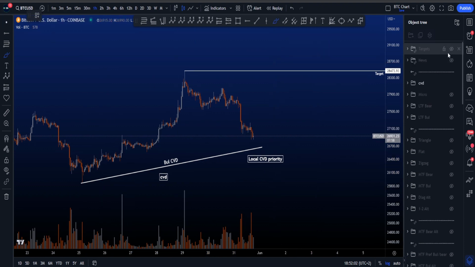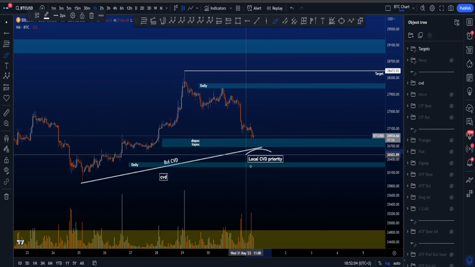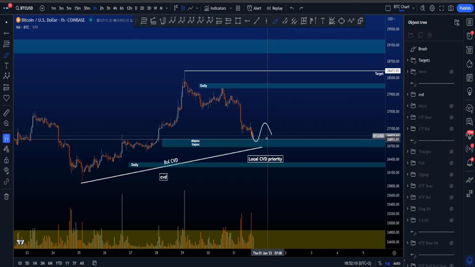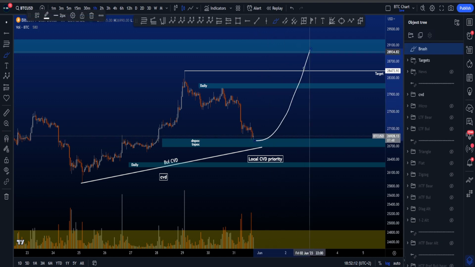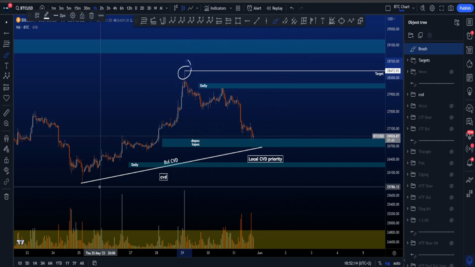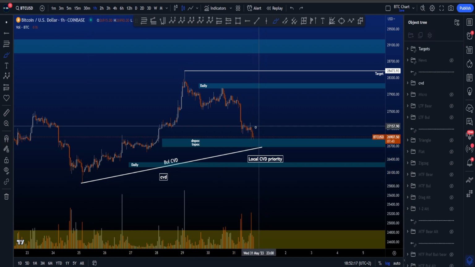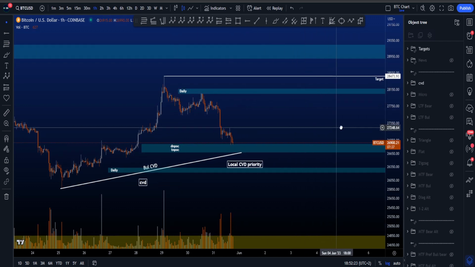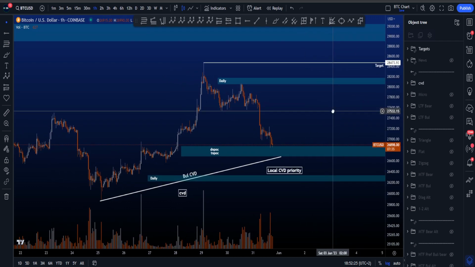Preferably, one would like to see maybe some local CVDs as well, that if you get a bit of a bounce, move to the upside, then a retracement, maybe some bullish divergences over here would give even more confidence for then a potential move to the upside, where the target of this divergence over here is 28.5k. So this could play in the hands of a potential expanding flat scenario, but of course, again, it is quite hypothetical.